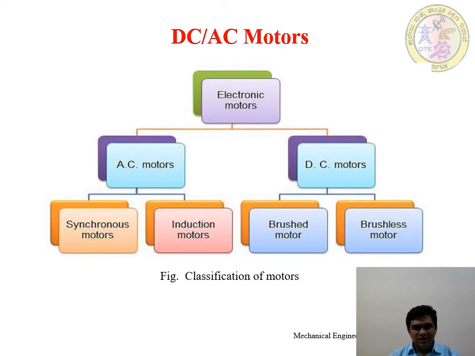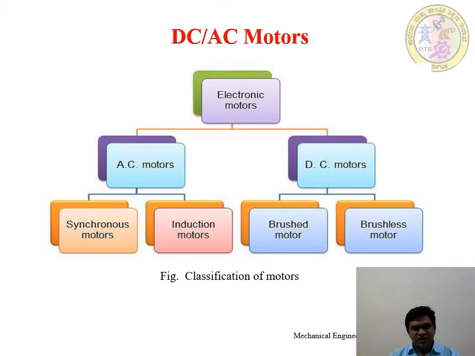DC or AC motors classification. Electric motors are classified into AC motors and DC motors. AC motors are classified again into synchronous and induction motors, whereas DC motors are classified into brushed and brushless motors.